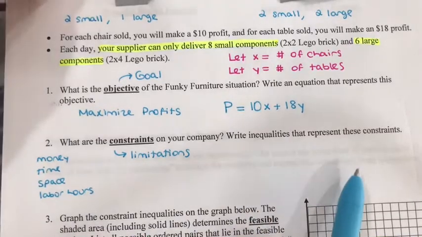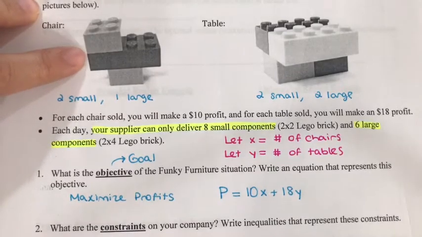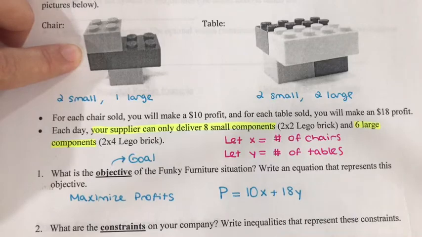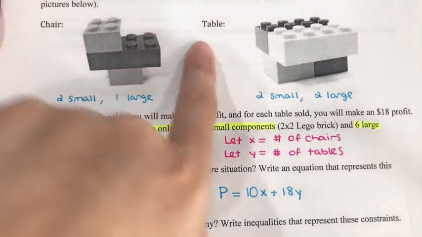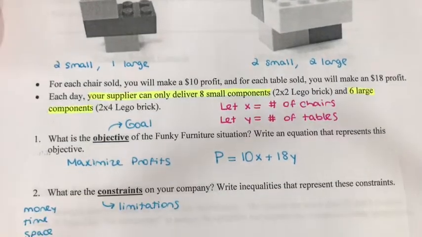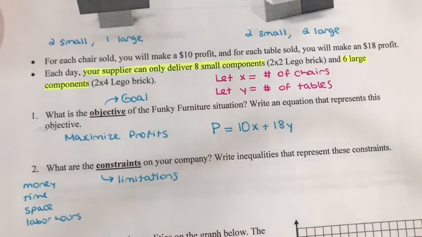Now, I'm actually going to go back up here. For the chair, we're going to be using 2 small components, and then for the table, that's also going to use two small components. So if I'm thinking about the total number of small components, let's write this down.